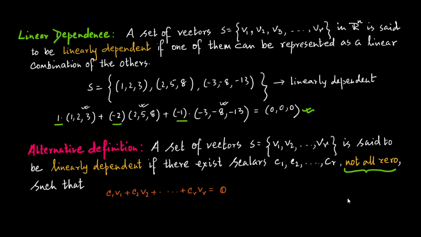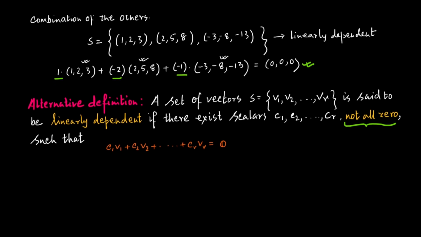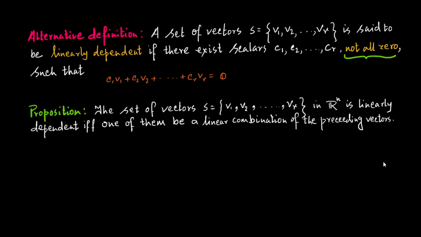So the set given is a linearly dependent set. Now, with a decent effort, one can further prove that the set of vectors S = {V1, V2, etc., Vr} in Rn is linearly dependent if and only if one of them is a linear combination of the preceding vectors. This can be very easily obtained by manipulating the above alternative definition of a linearly dependent set.